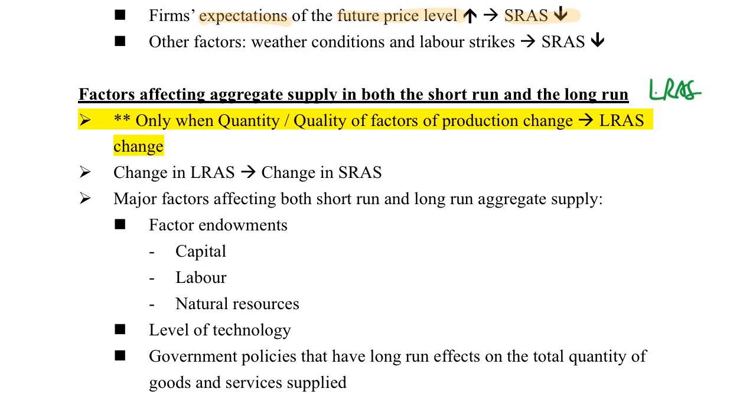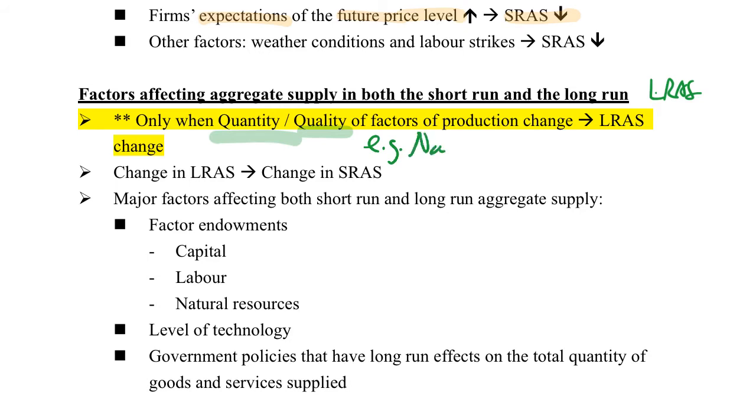For LRAS, it's even simpler, because only three things will affect the LRAS. For the others which affect the supply side, it will be SRAS. The LRAS is affected by the quantity and the quality of factors of production. There are several examples I can mention.